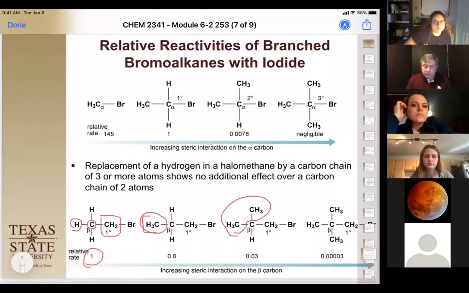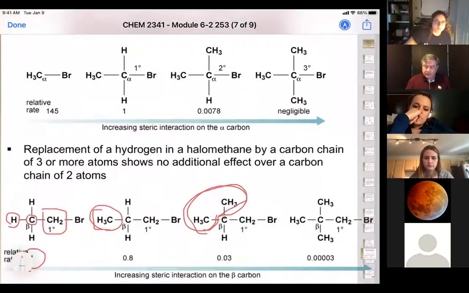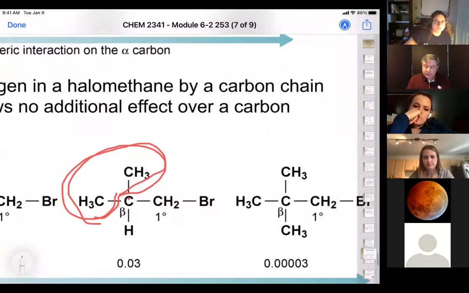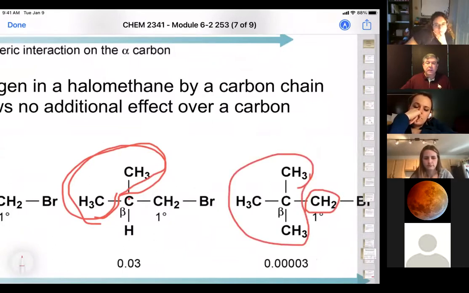Even though we still only have one carbon attached to it, this entire group has gotten really big, and it slows the reaction down. And on our last example here, even though it's still a primary carbon, we have this big, huge, bulky group out here, like an umbrella, just blocking everything coming from that direction. And our rate goes very, very low, less than 0.003%.